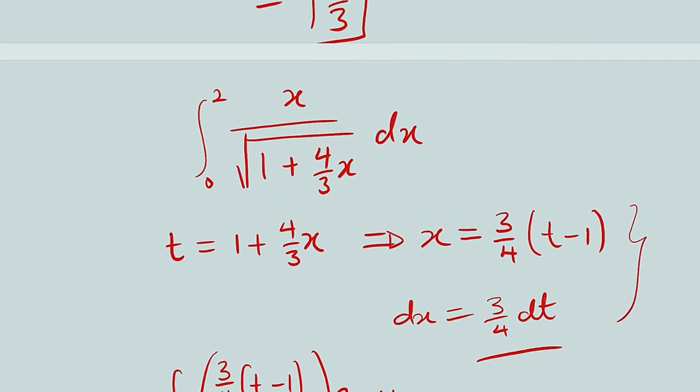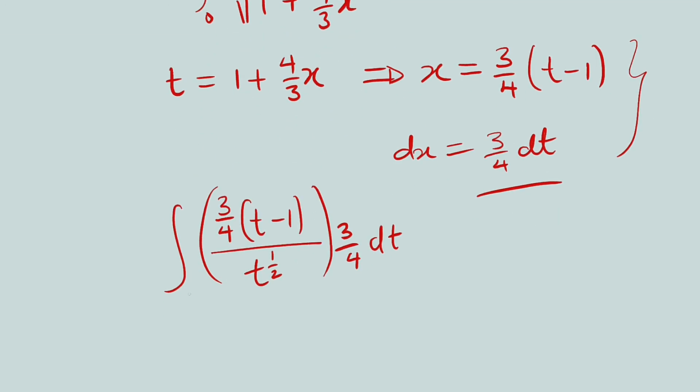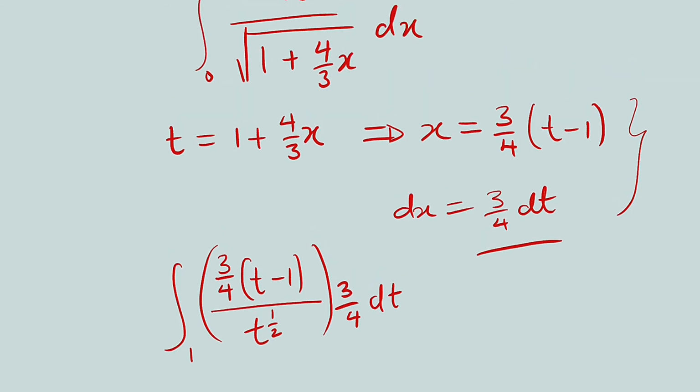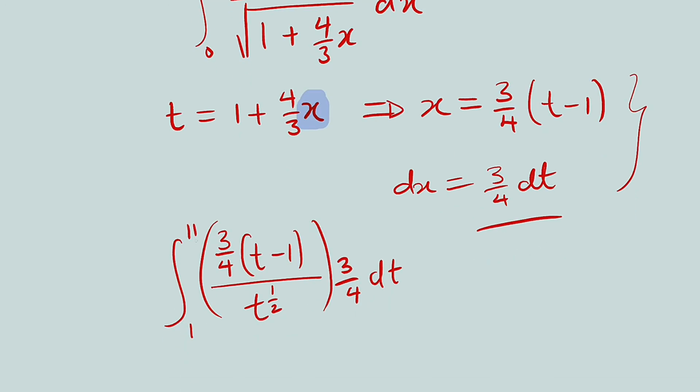For our boundary, initially they were in terms of x, so I want to convert them in terms of t. When x is 0, you can see the whole of this will go, leaving t equal to 1. So the lower bound becomes 1, and the upper bound, remember it was 2 before. So if x is 2, we have 8 over 3 plus 1, which is 11 over 3. So this becomes 11 over 3.